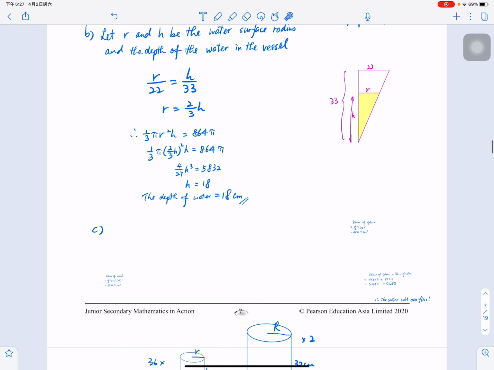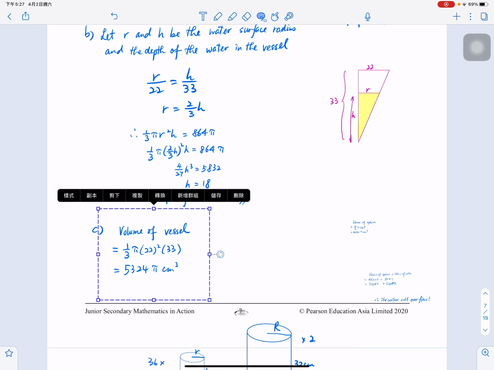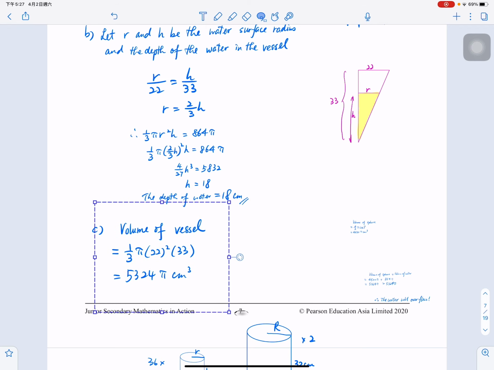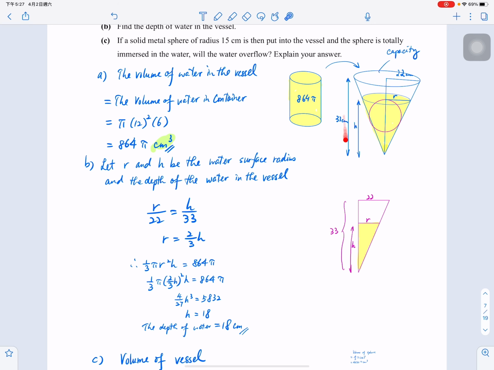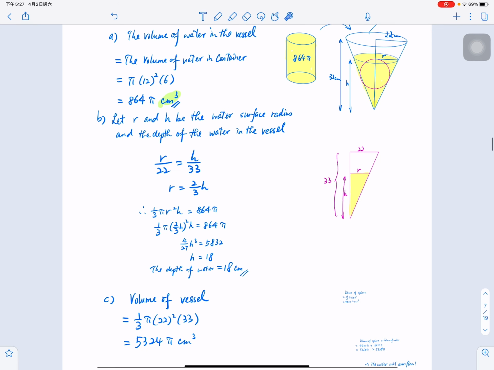So let's see. Part C. Let's have a look at the volume of this vessel, right? So the volume of the vessel, I will give you first. 1/3 of pi r squared h. Okay, r now is 22, h is 33, so pi r squared h is 5,324 pi cm cube.